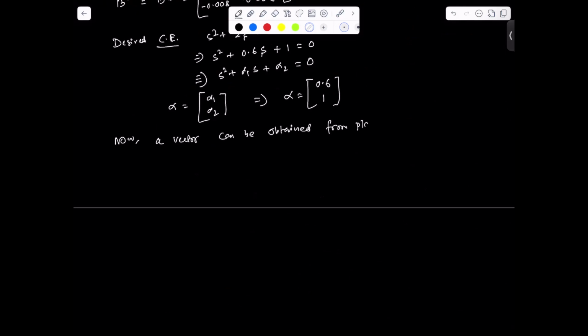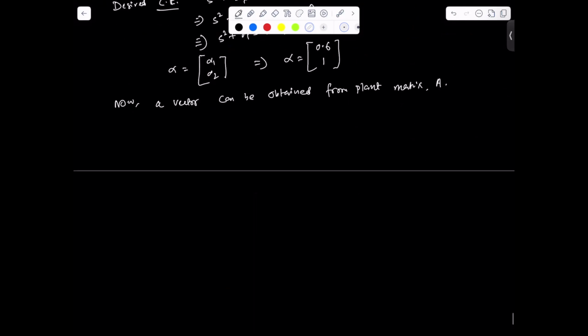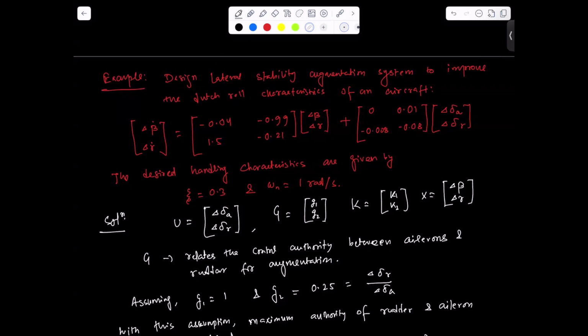For that we have to find the characteristic equation: the determinant of s I minus the system matrix, which is 0.04, 0.99, 1.5 and minus 0.21, equal to 0. I missed one term here; it will be 0.49.